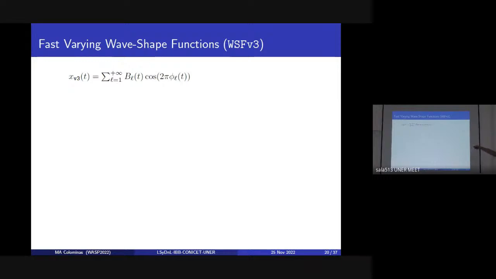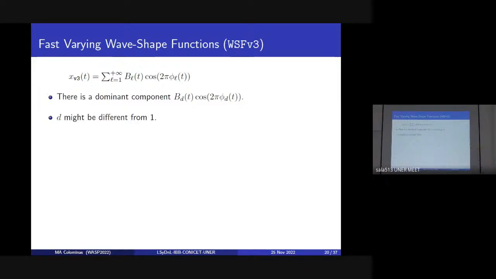We can think about a third version where, again, the variations of the wave shape function will be caused by the phases not being integer, and also by having those harmonics with different modulations in amplitude. And we will suppose that there is a dominant component.